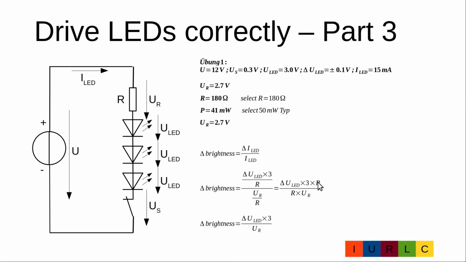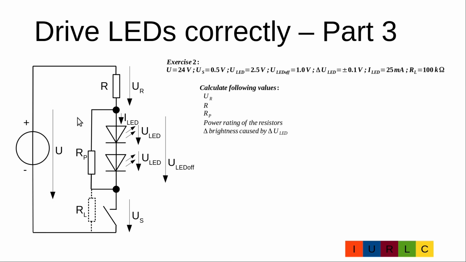Now we remove R and get the brightness tolerance is delta U LED times 3 divided by UR. With concrete numbers we get plus minus 0.1 volt times 3 divided by 2.7 volt is plus minus 0.111, a brightness tolerance of plus minus 11.1% caused by the forward voltage tolerance of the LED.